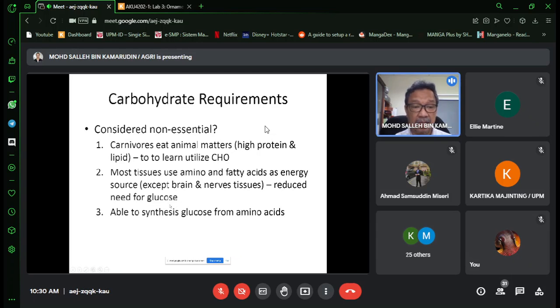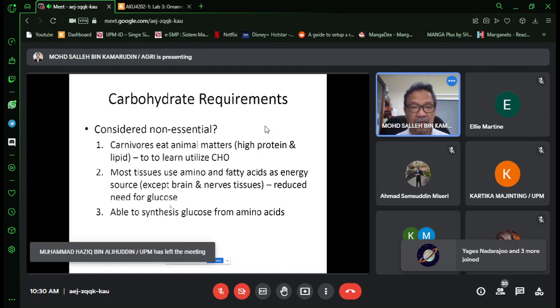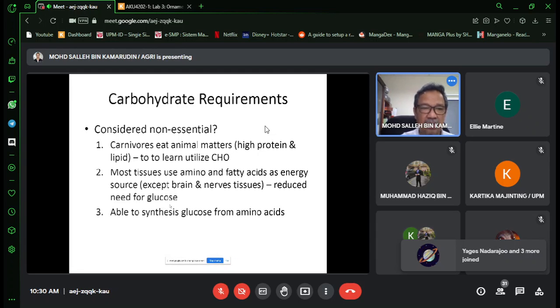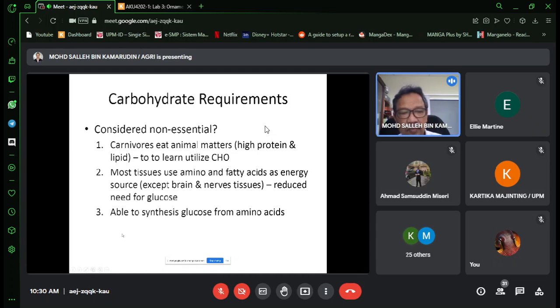Okay. Secondly, is that most tissue use amino acid and fatty acids as energy source, and reduce the need for glucose. Again, for this, we need to train the fish to be able to utilize carbohydrate.